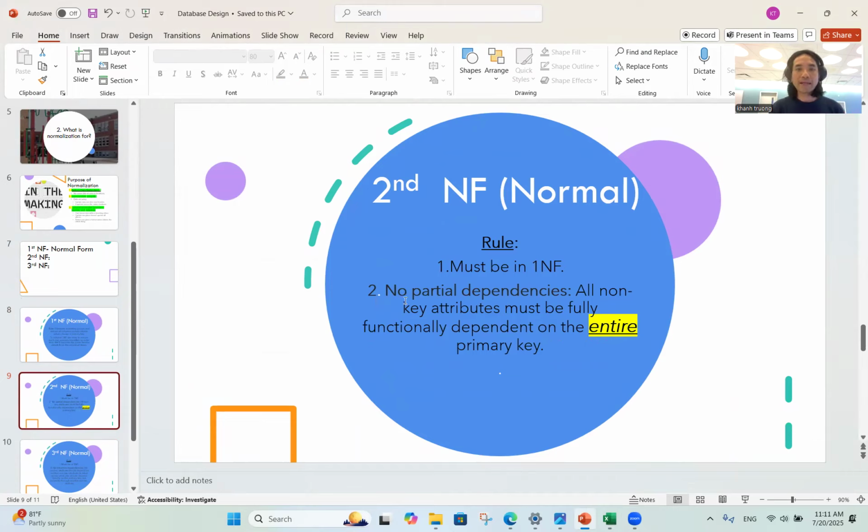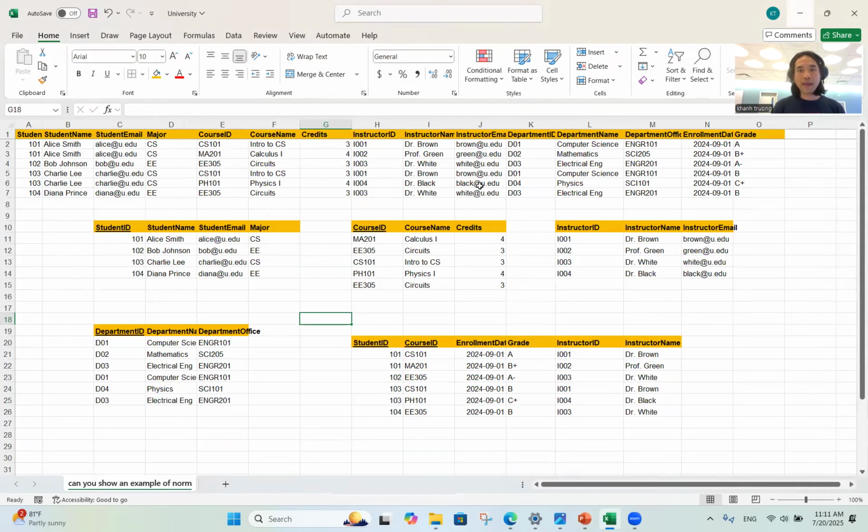No partial dependency. All non-key attributes must be fully functionally dependent on the entire primary key. Let's say we have the instructor ID. Take a look at this enrollment table right here: student ID, course ID, enrollment date, grade. This is the grade for each course for specific students.